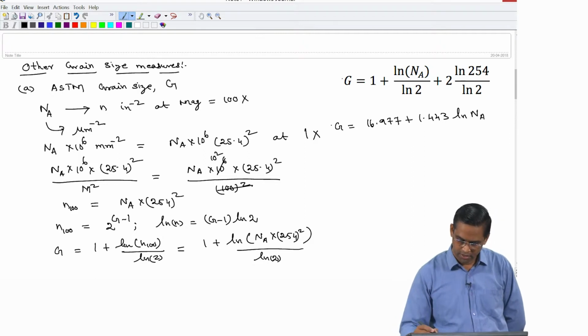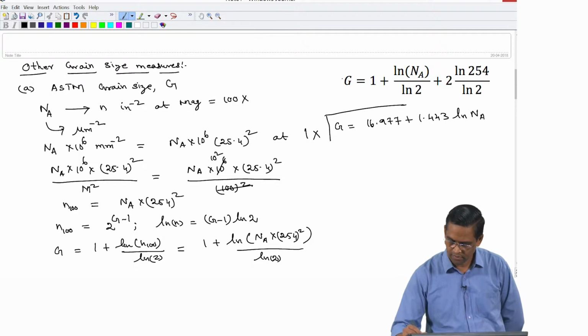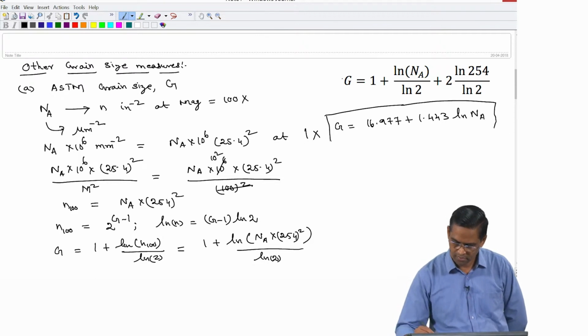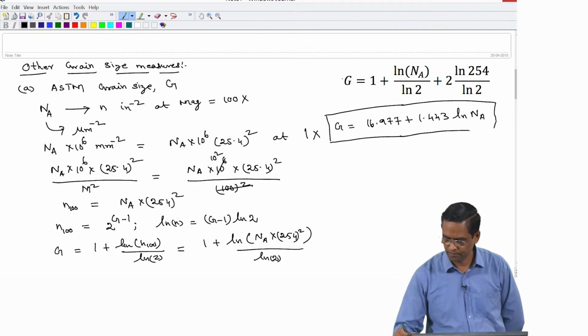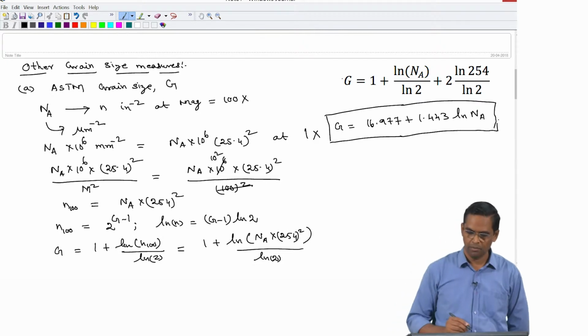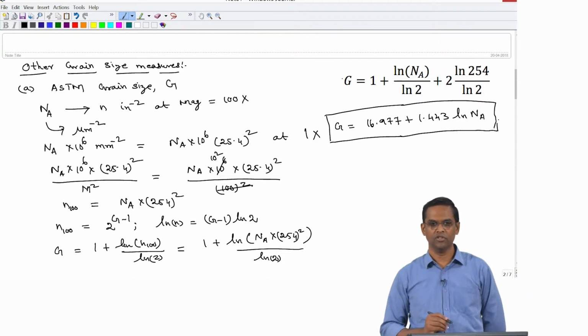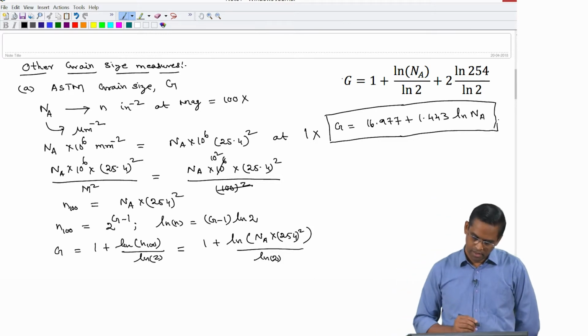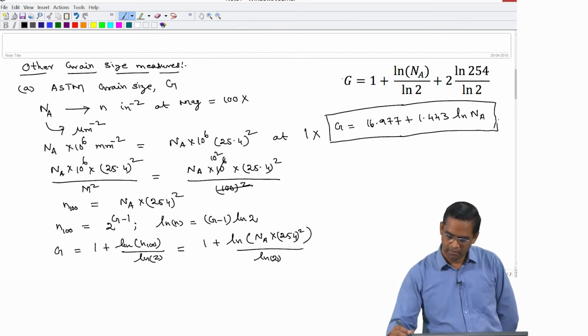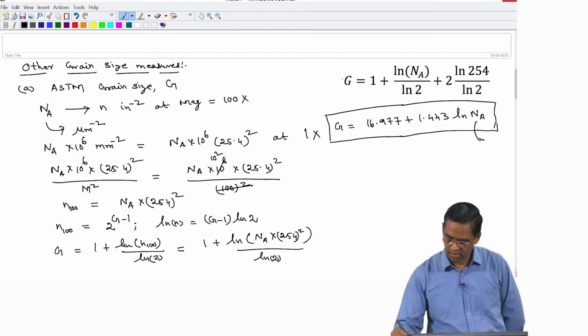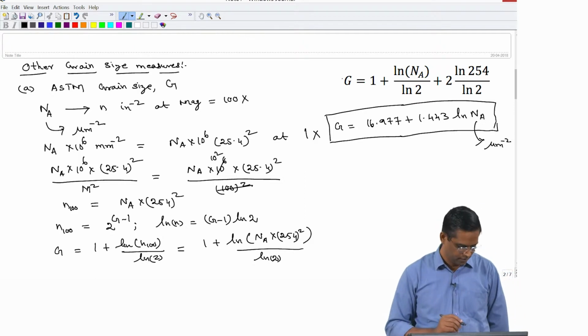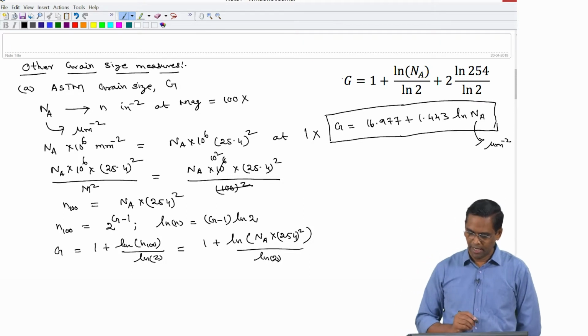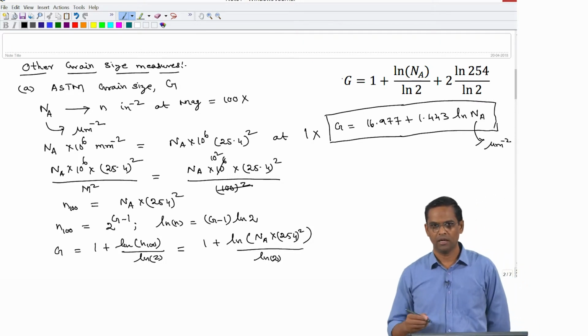So, this is one way of simplifying this G, where NA is represented per micrometer square, that is the number of grains per unit area.